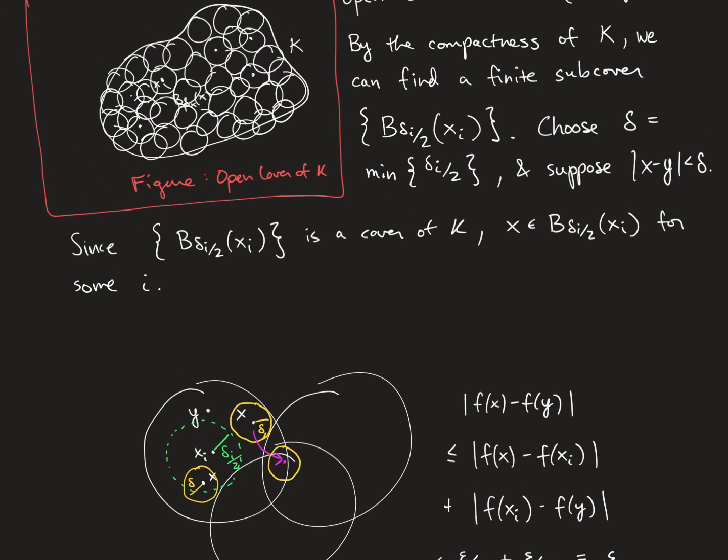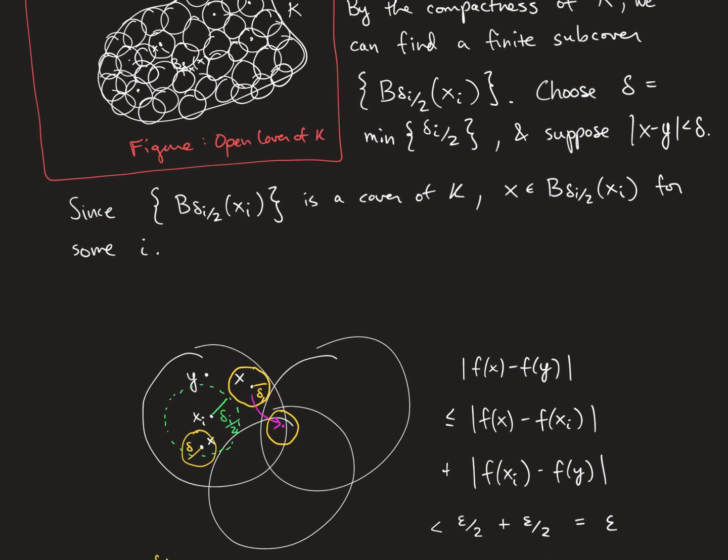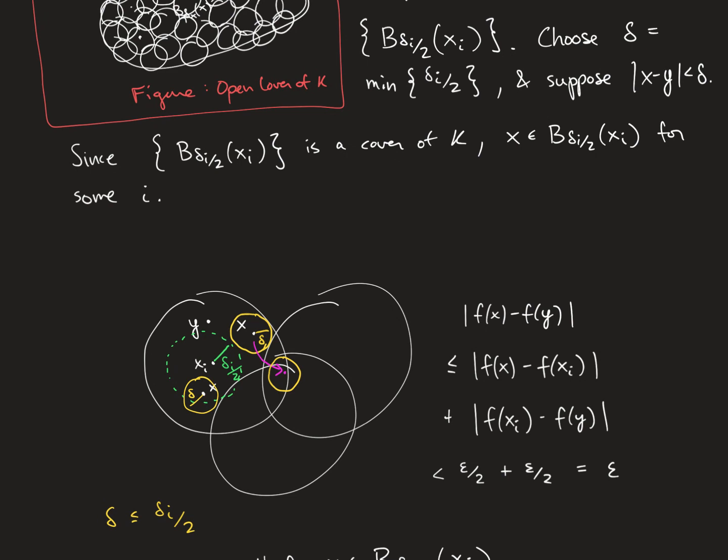So since that is a cover, and we have x in there, in particular, x is in the ball of radius delta i around xi.